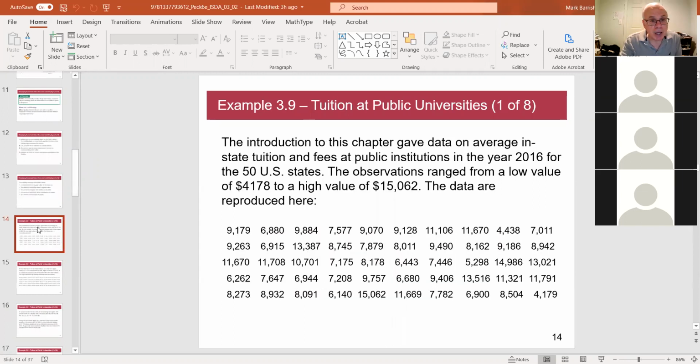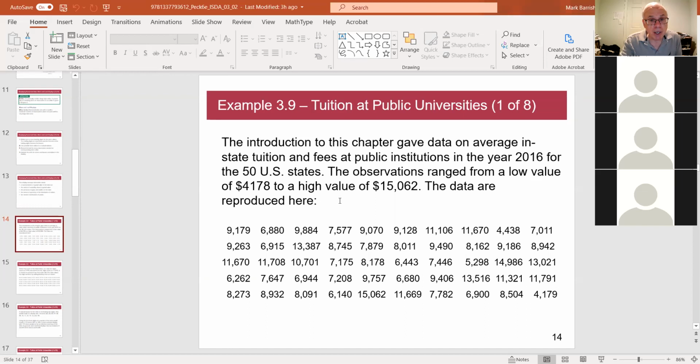So here is a data set, and it's in your textbook. It's data on average in-state tuition and fees of public institutions in the year 2016 for the 50 US states. These are rounded to the nearest whole number.